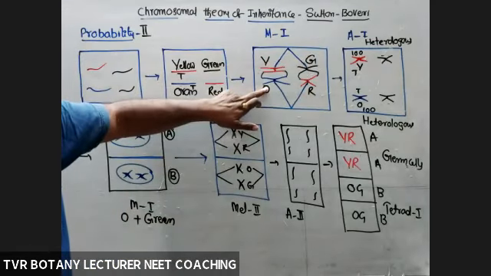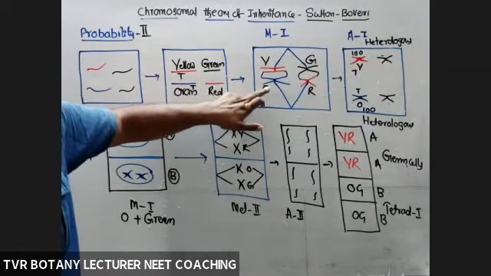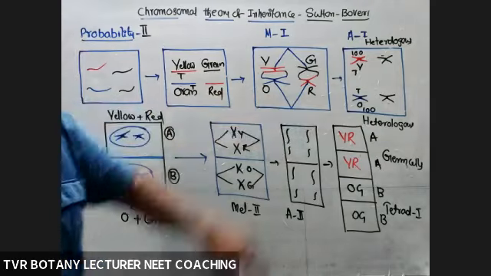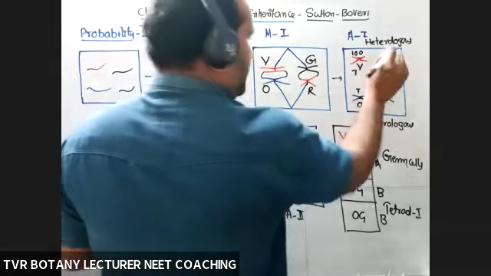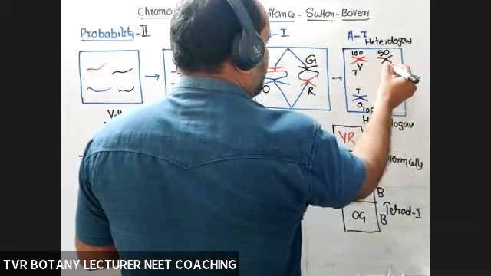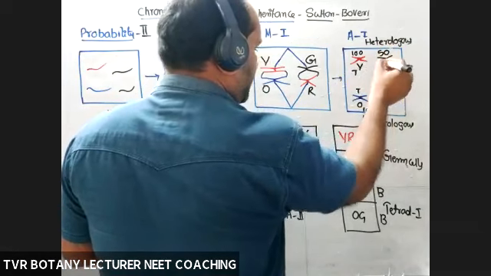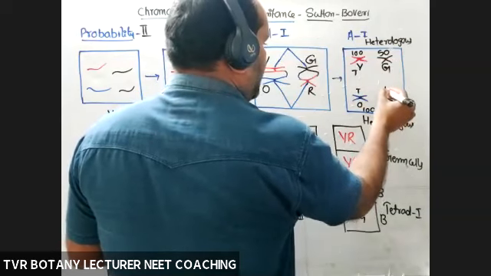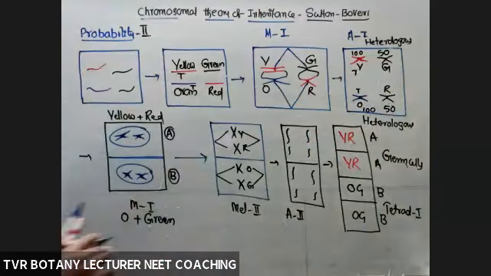Next, orange separated from yellow and segregated along with red but not with green. Okay, so here, this one, 50 angstroms, this one green, don't write red here. Next 50 angstroms, write red here instead of green. Come back.